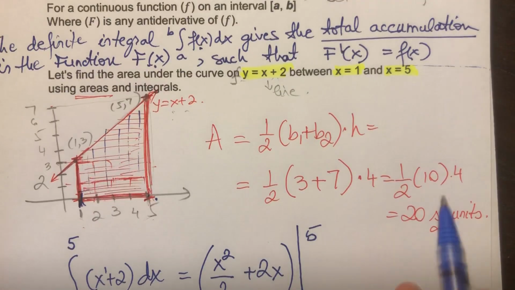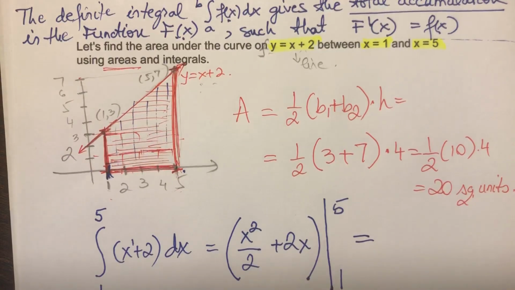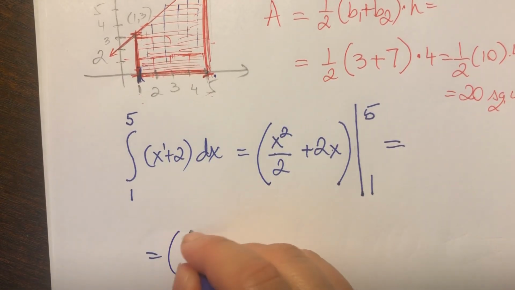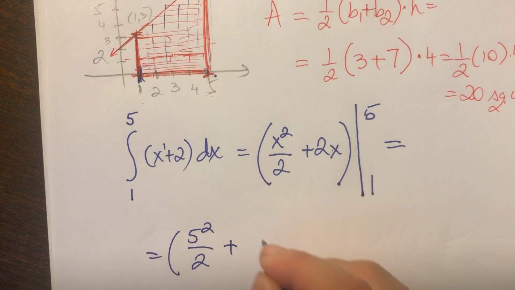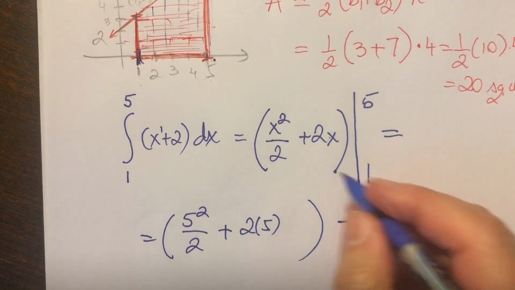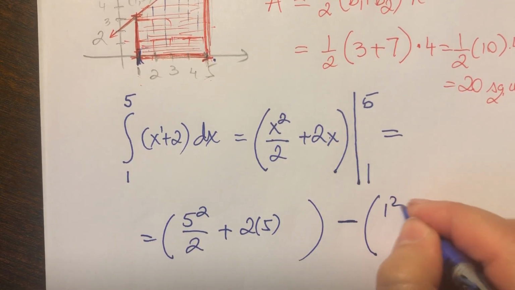Now, what does that mean? It means that you're going to plug in the 5. So 5 squared over 2 plus 2 times 5. And then you're going to plug in a 1.